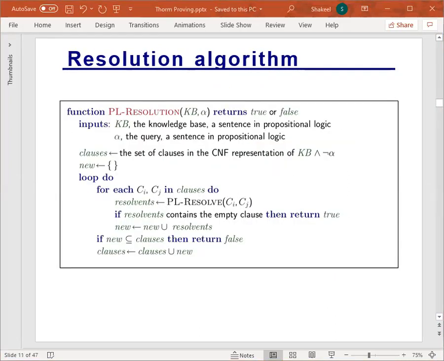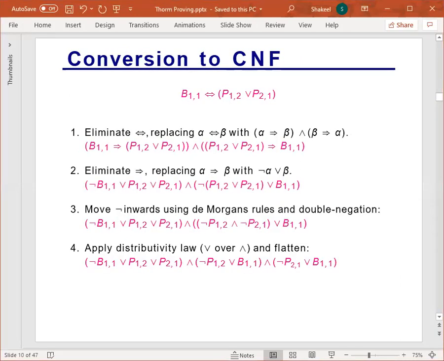The second step is to then eliminate the implication. We know, for example, from the previous slides that alpha implies beta is logically equivalent to not alpha or beta. In other words, if you do the truth table of alpha implies beta and not alpha or beta, you will find that they have the same truth values.